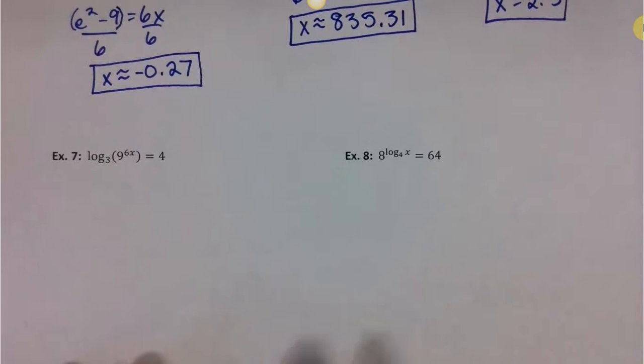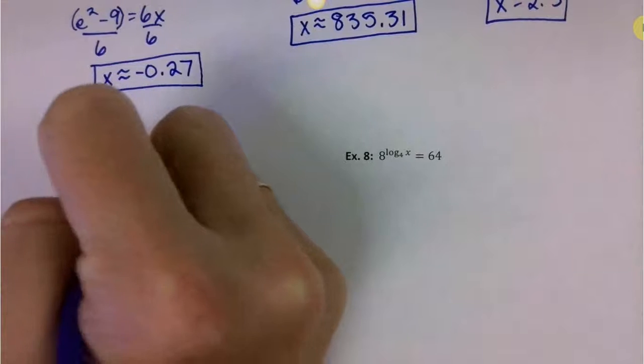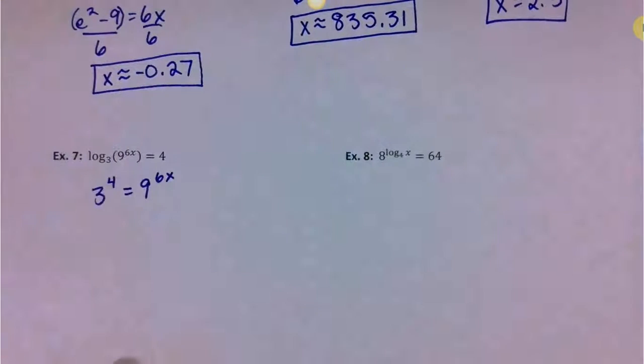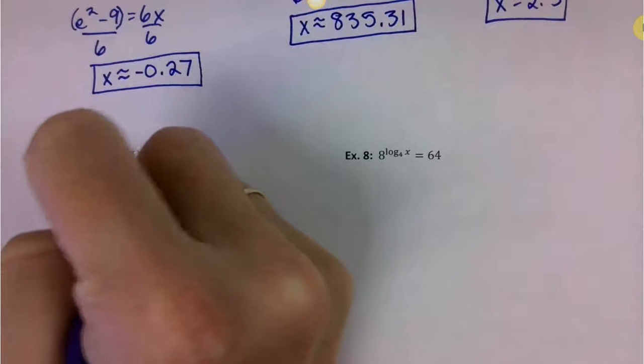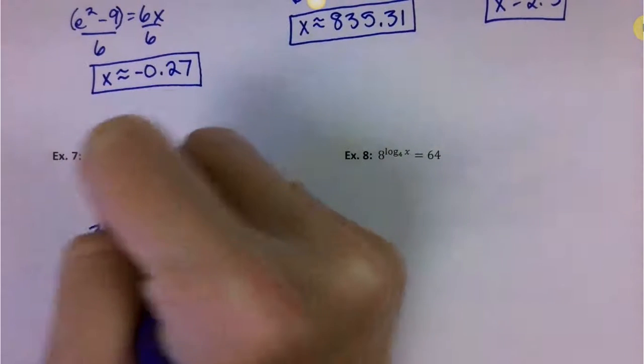Log base 3 of 9 to the 6x equals 4. So rewriting as an exponential, we'll have 3 to the 4th is equal to 9 to the 6x. And then remember, to solve an exponential equation, we want our bases to be the same. So we can turn a 9 into a 3 by squaring it.